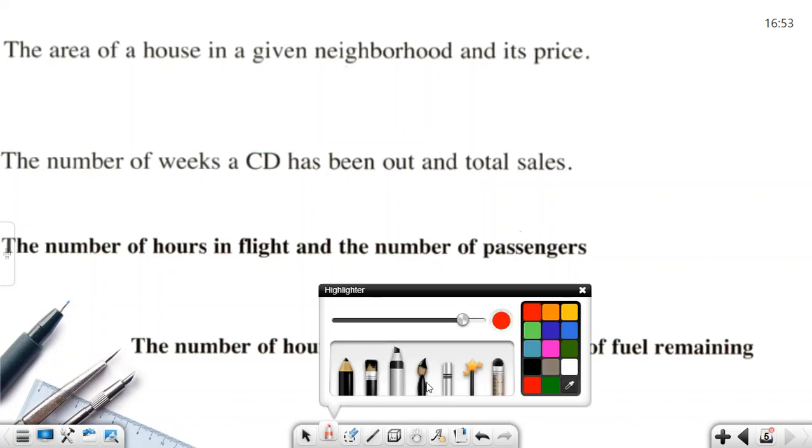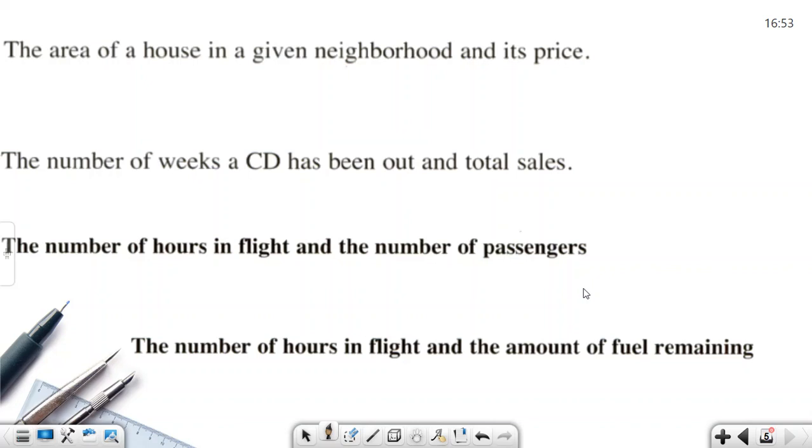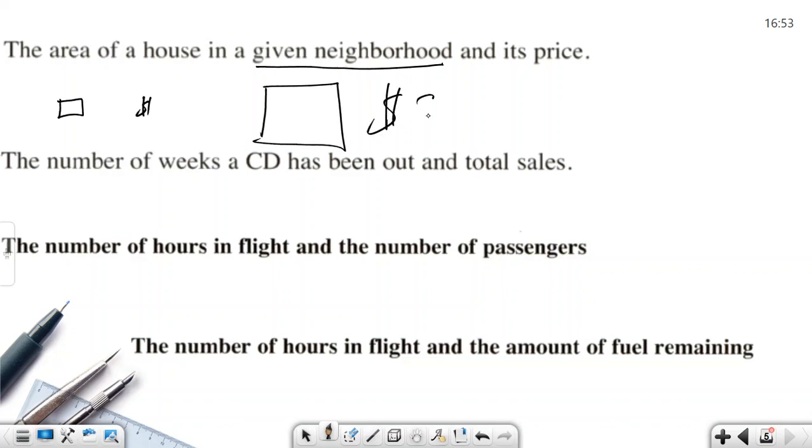Let's see some examples. For example, the first one: the area of a house in a given neighborhood and its price. When you buy a small one, you pay a little money. When the area of the house is big, you pay lots of money. So when the area increases, the price increases. That's a positive correlation.